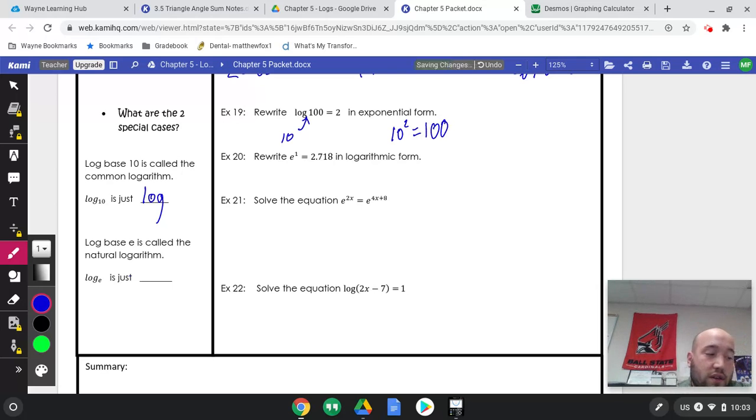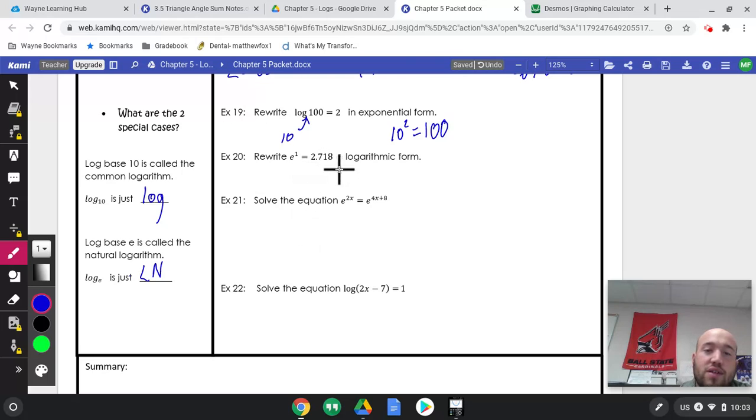Okay, now the next thing, the other special case, log base e is called the natural logarithm. And because of this, log e, we write as ln. Okay, it's our natural log. So e to the first.